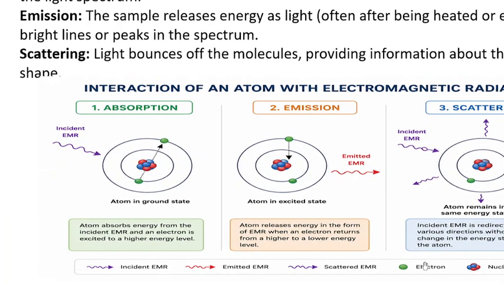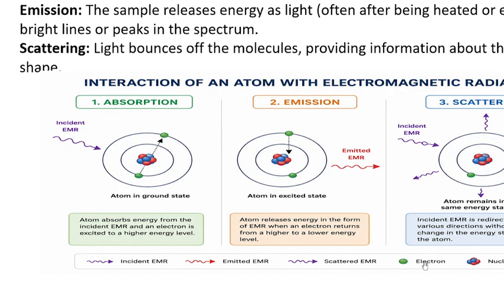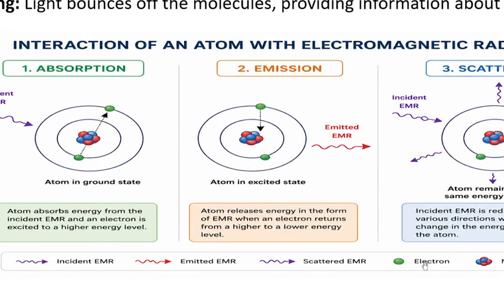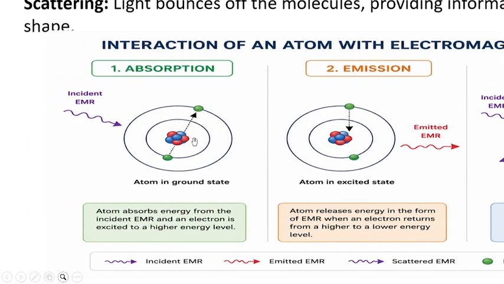In absorption, the electromagnetic radiation interacts with an atom, and the electron present at the lower energy state absorbs the energy from the incident electromagnetic radiation and gets promoted to the higher energy state orbital. This phenomenon is called absorption.